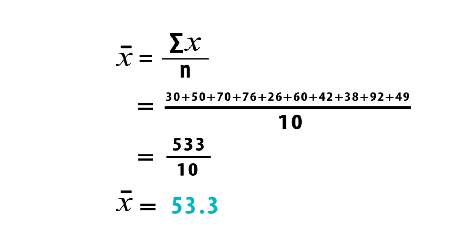The total, sigma x, is 533, all over 10, and we get 53.3. So in the formula we have the mean of the data. Therefore, you have to calculate the mean first before you can use the mean to get a variance.